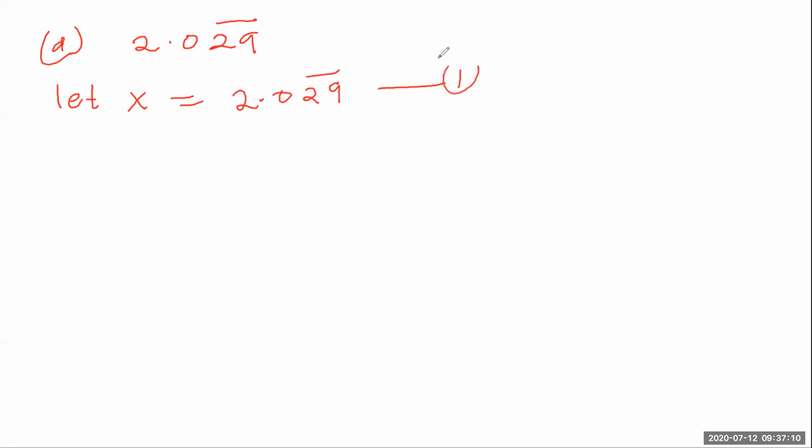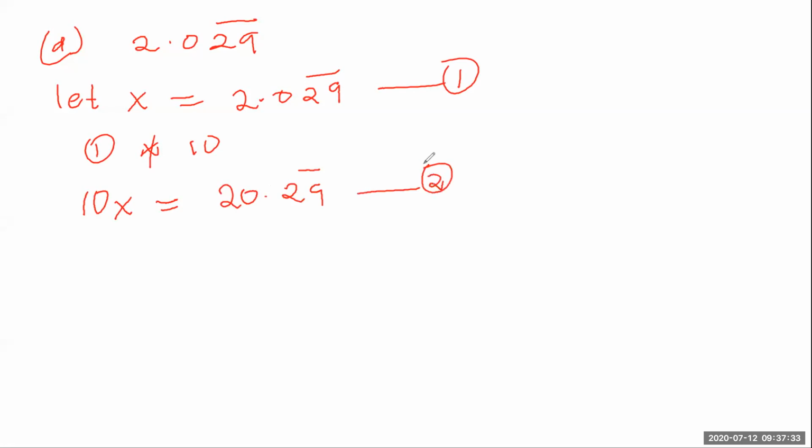So that is equation number 1. Now we want to get the decimal point closer to the repeatant, right? The repeatant is 29. So now we have to multiply by what? 10. So we do equation number 1 multiplied by 10. So we have 10x being equal to 20.29 repeating. So we have equation number 2.